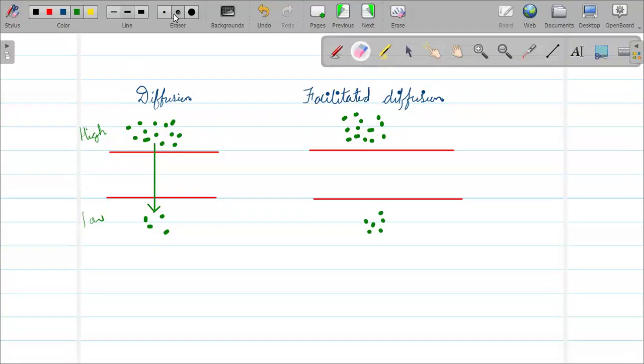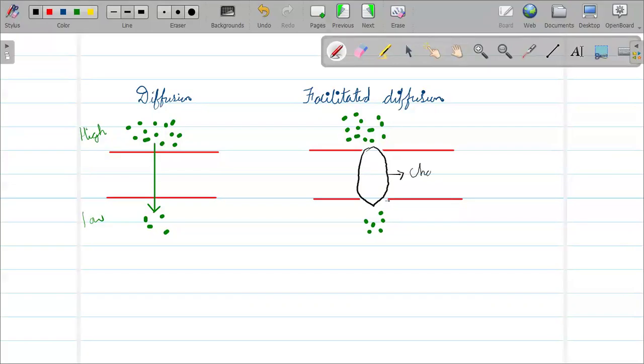At the same time, I told you the plasma membrane is able to transfer only selected molecules. So when the plasma membrane transports molecules in a selectively permeable way, I'll make a small mark here where I'm going to draw some carrier protein. I told you the importance of carrier protein. By means of a carrier protein or channel protein, the molecules are transported without any utilization of energy.